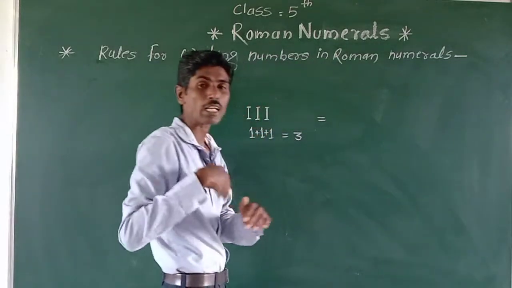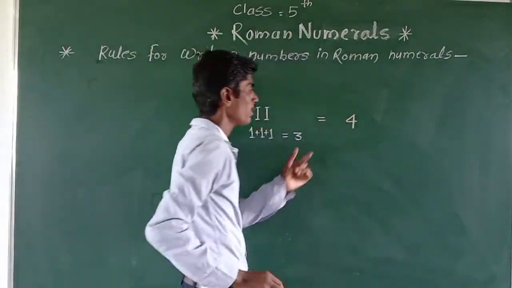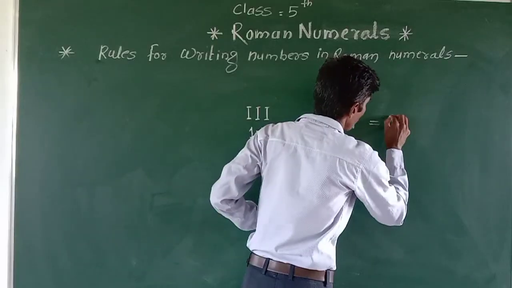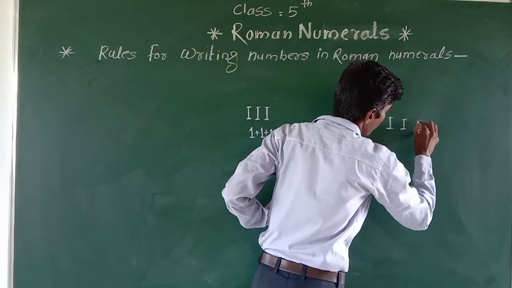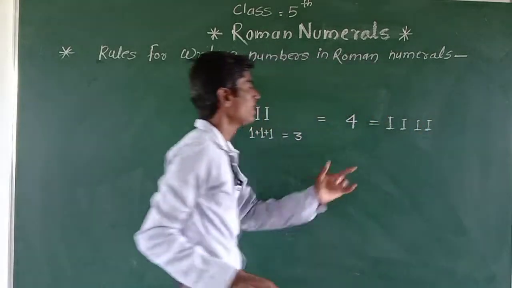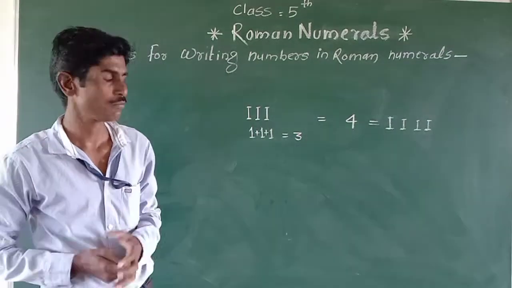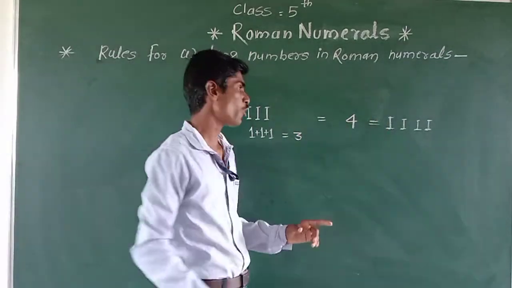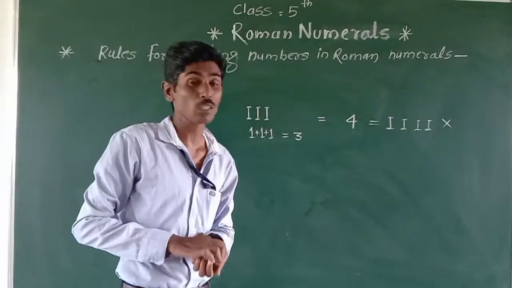If we write 4 as I four times, is it correct? No, it is not correct. It is wrong. So there is another procedure.